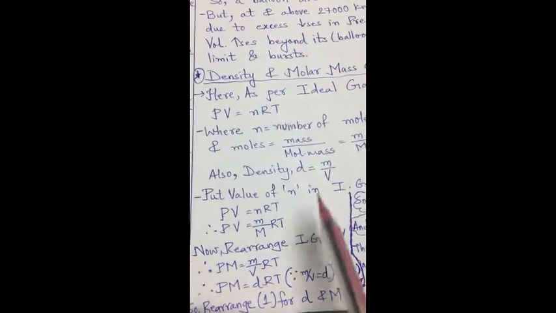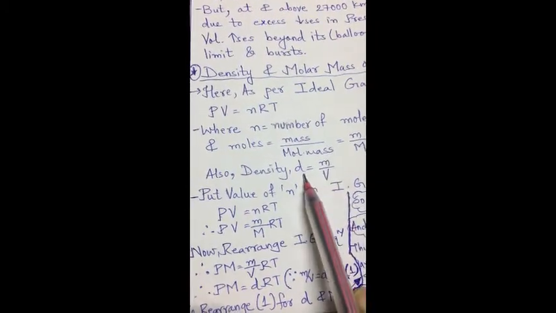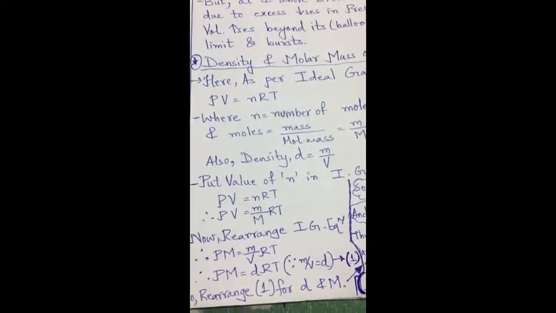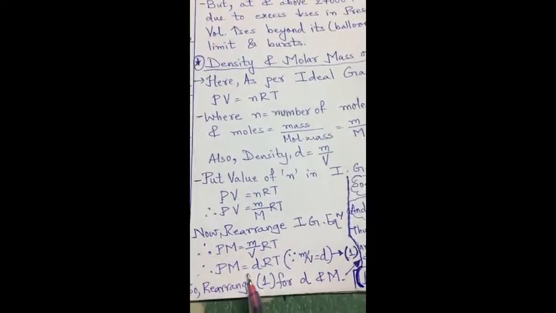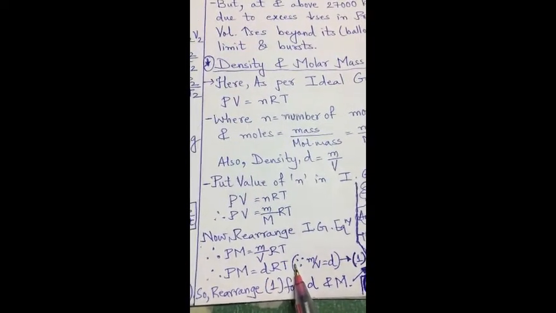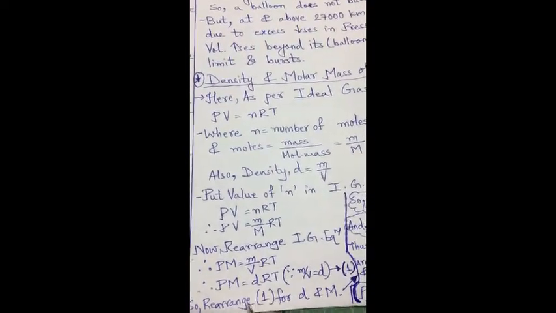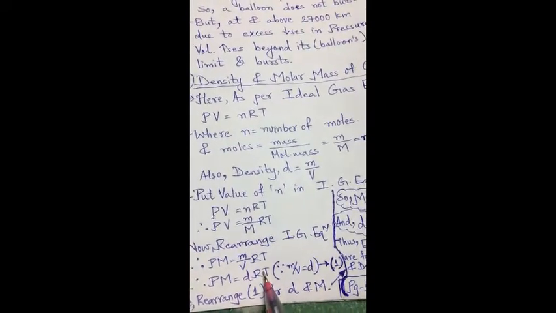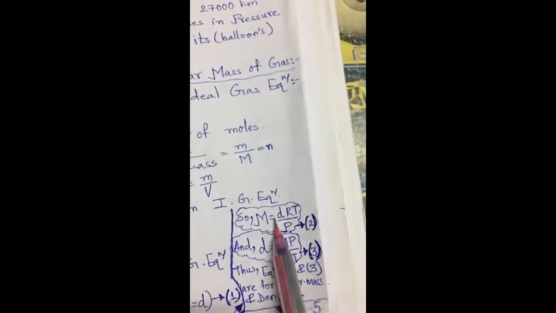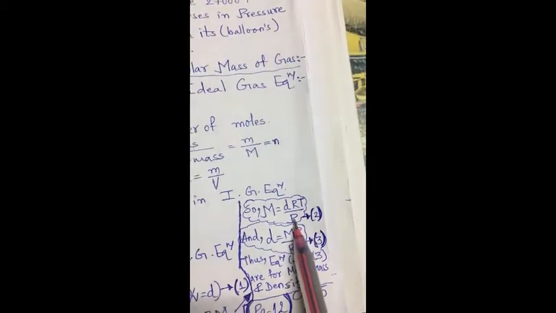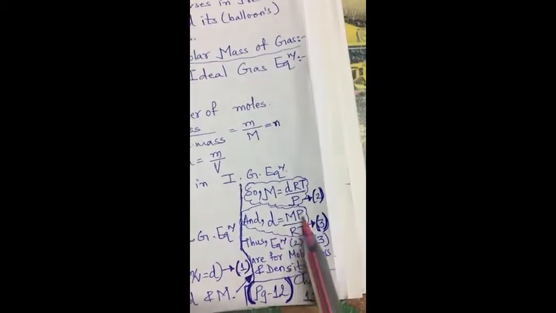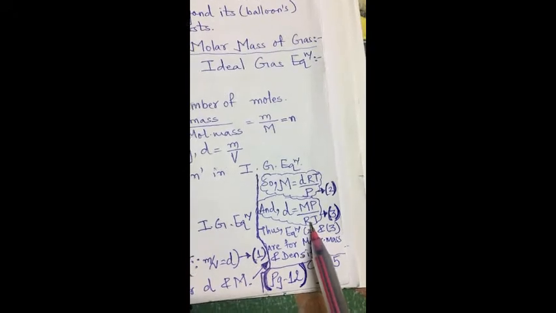What is m by V? Again see here, m by V is equal to density. So put this value in the equation and we will get PM = DRT. Again rearranging this equation for D and M, we will get M = DRT upon P, equation 2, and D = MP upon RT, right?